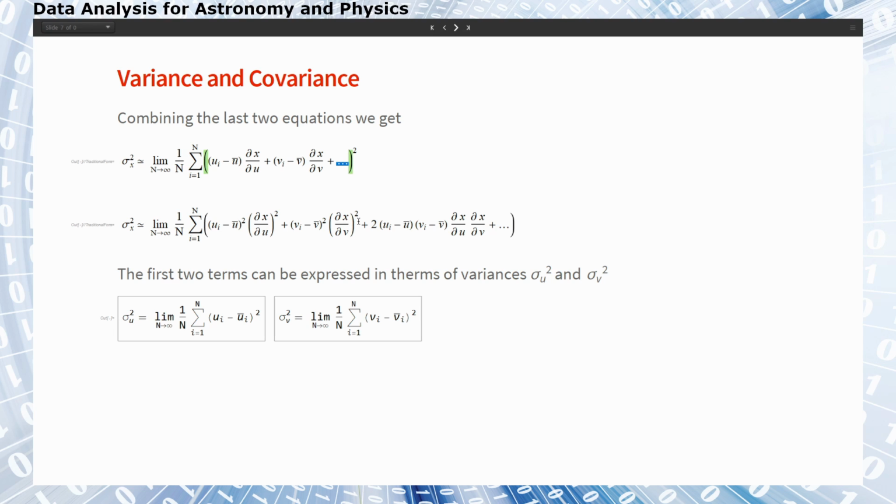So the first two terms here can be expressed in terms of variances of u and of v, because the sum over this term divided by n is the variance of u, and this term summed up divided by n is the variance of v, as also written down here in these two equations.